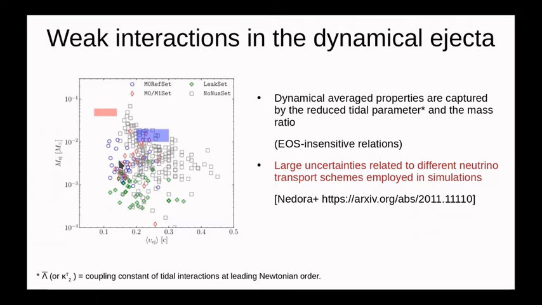In particular, leakage schemes, here in green, systematically have lower masses. The schemes that include neutrino absorption effects, and also the polytropic equation of state, which is the simplest thing that you can do, have a large spread and reach the largest masses and the largest velocities. In any case, all these different data sets can be fit with relatively simple functions of the reduced tidal parameter and the mass ratio. We capture broadly the main features of this ejecta.